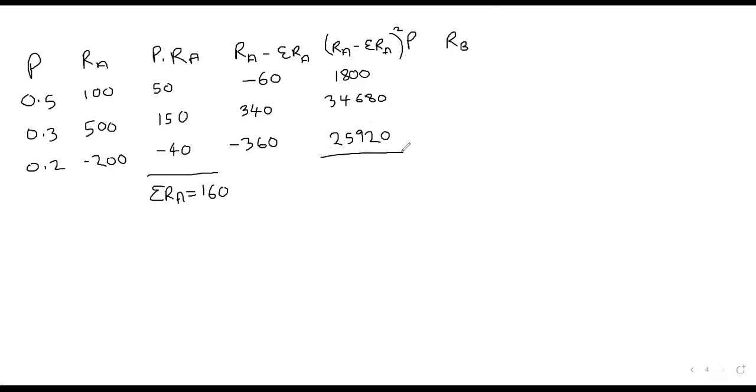All right. Then when we add everything up, we get 62,400. That's the variance. 62,400. And when we square root this, what are we getting? Square root of 62,400, what do we have?